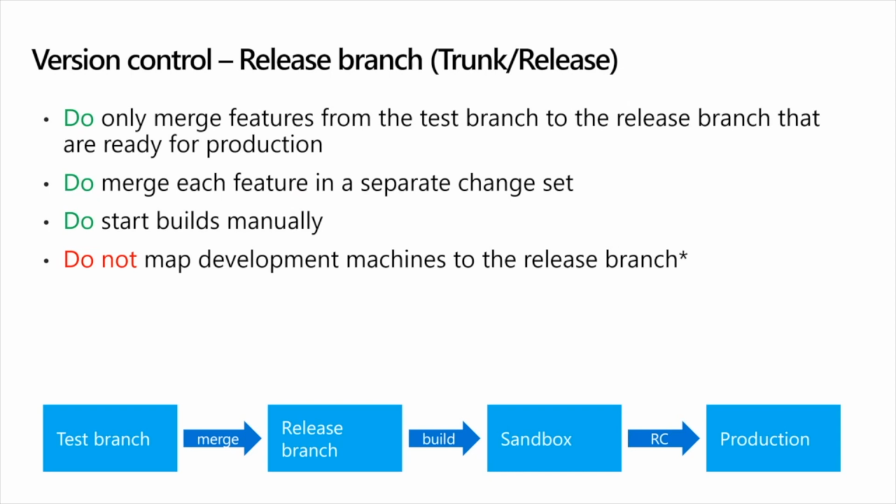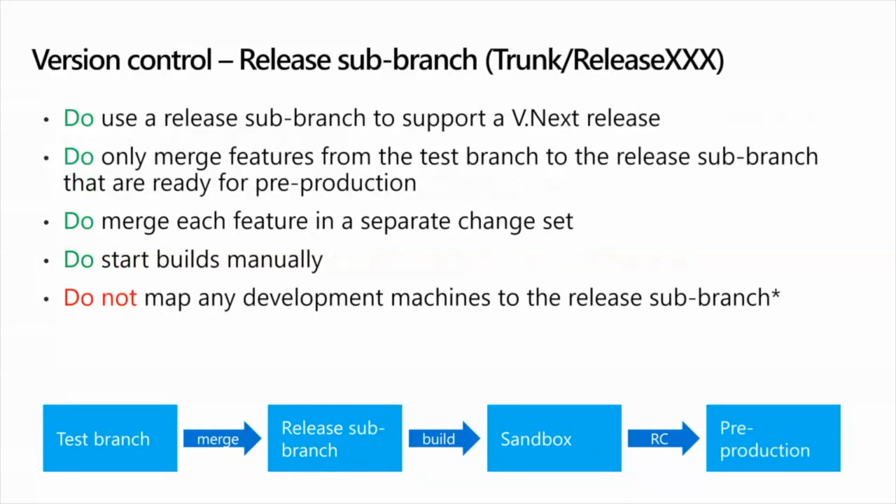And if it passes, you can mark it as a release candidate and install it in production. The pattern for the release sub branch, such as for a new phase of a project, is the same as the release branch, but you have a pre-production environment instead of production.